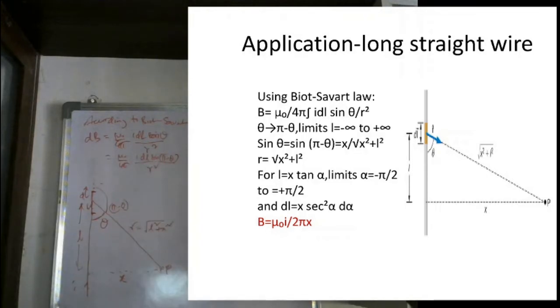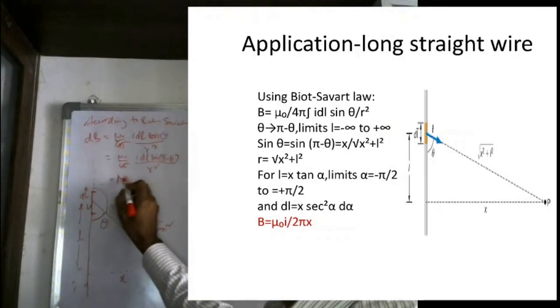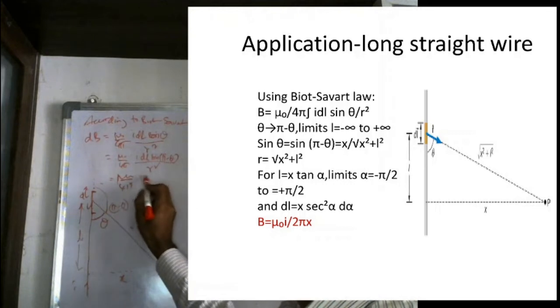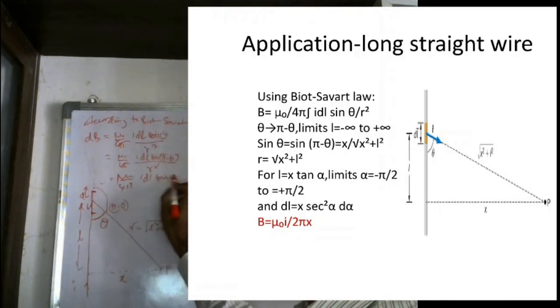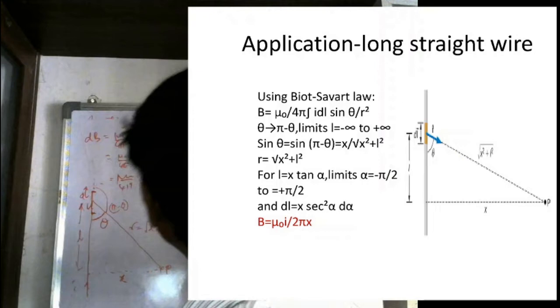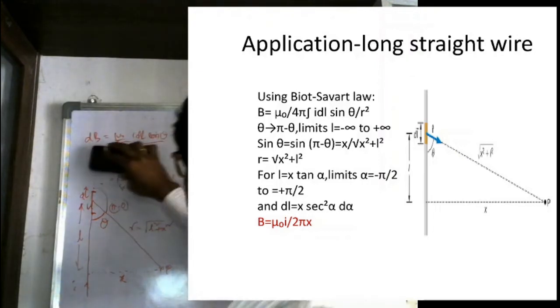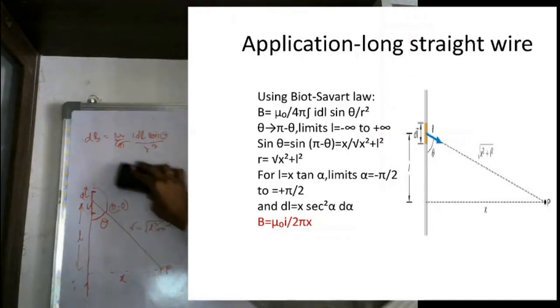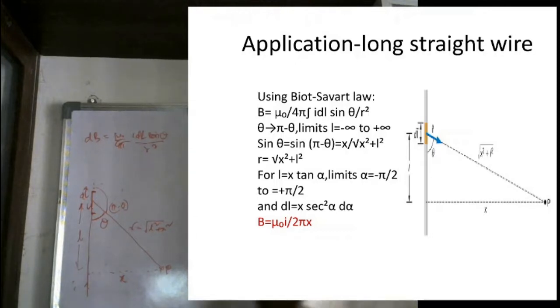So this is nothing but again sin theta. Mu naught by 4 pi I dl sin theta by r square. Again, you get the same expression. So now you have dB equal to mu naught by 4 pi I dl sin theta by r square.